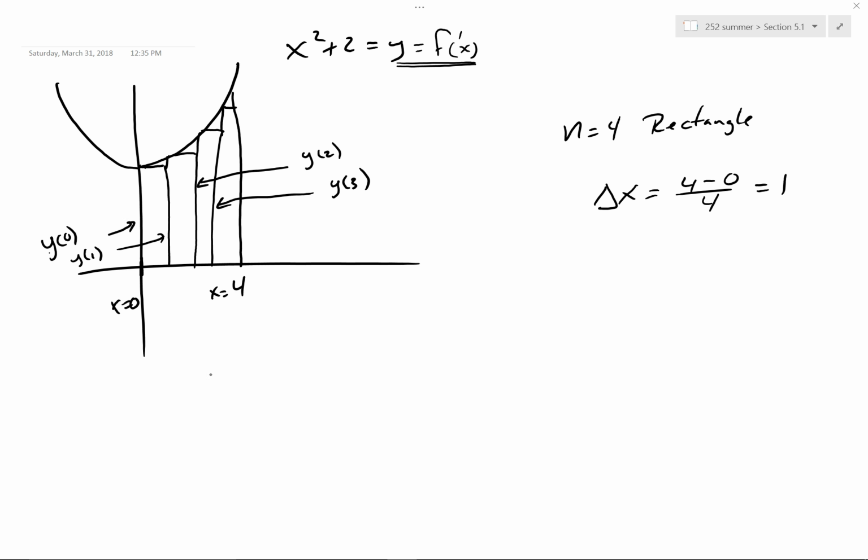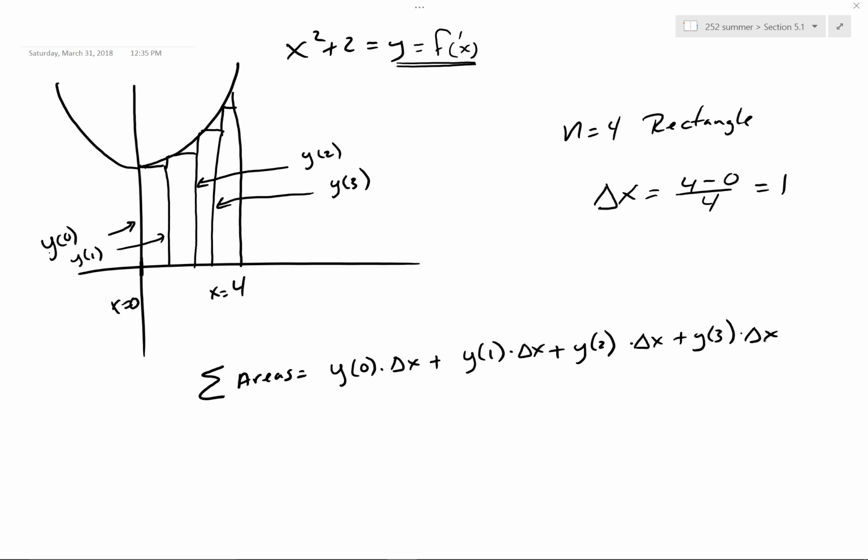So if you think about it, the sum of the areas is equal to y of 0 times delta x plus y of 1 times delta x plus y of 2 times delta x plus y of 3 times delta x.